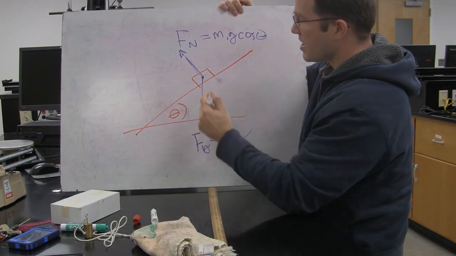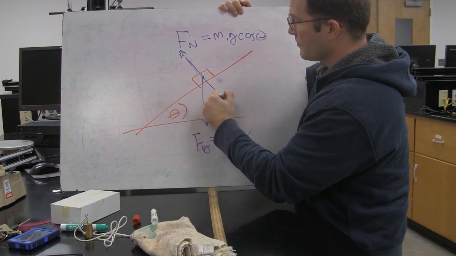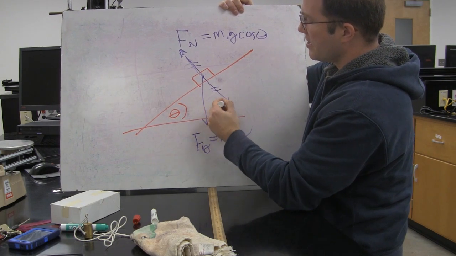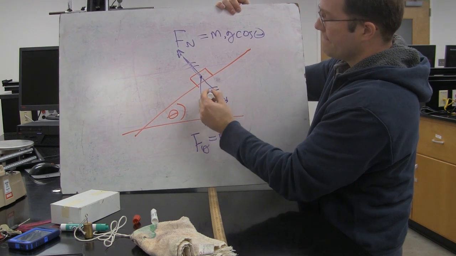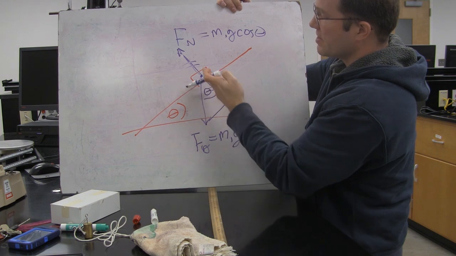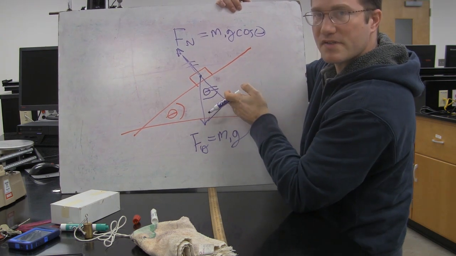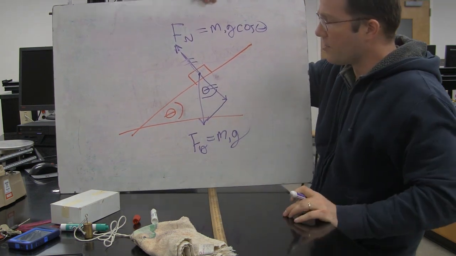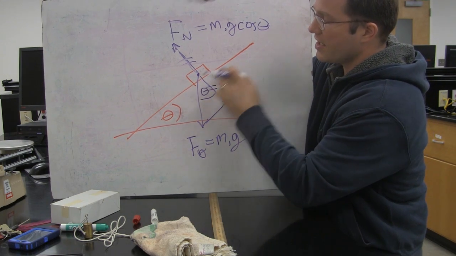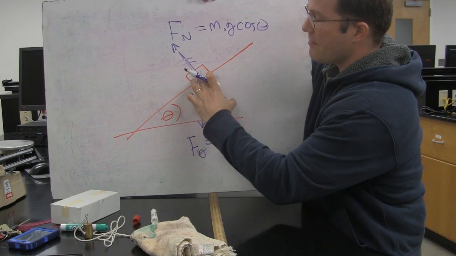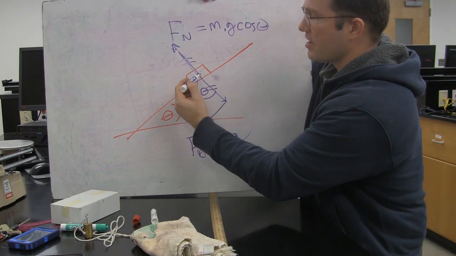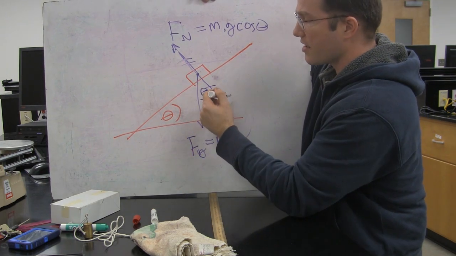As it turns out, that normal force is canceled by the component of gravity that's in the same dimension as the normal force. So we've got a component of gravity that's perpendicular to the surface of the incline, and it has the same magnitude as the normal force. It has to be like that because the box is not going up into the air or down into the track.